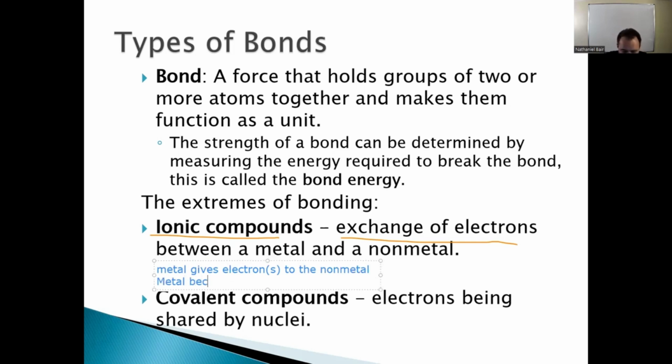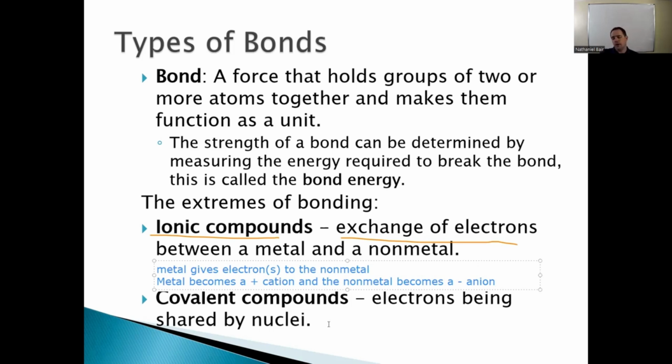Well, the metal becomes a positive cation and the nonmetal becomes a negative anion. So that's where we get these ions with the exchange.